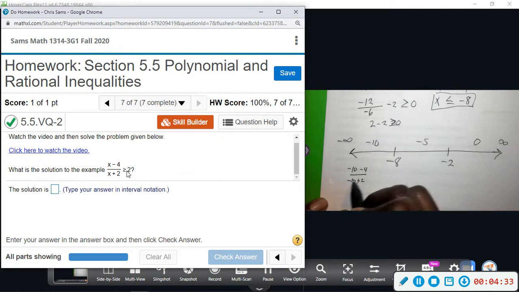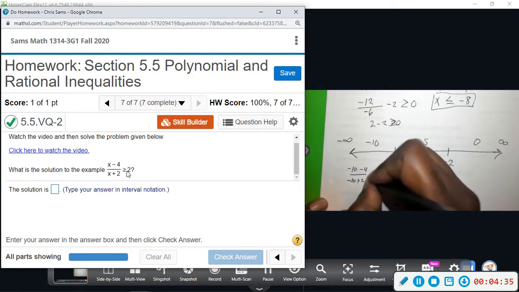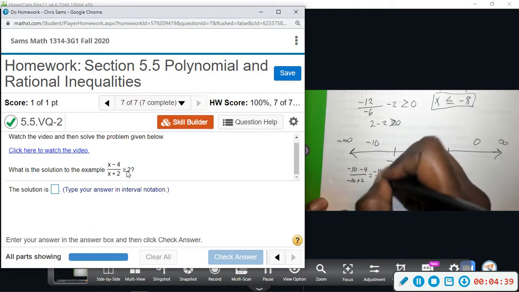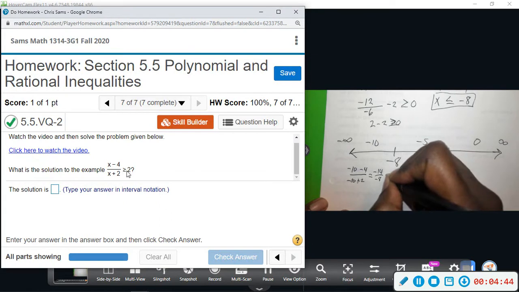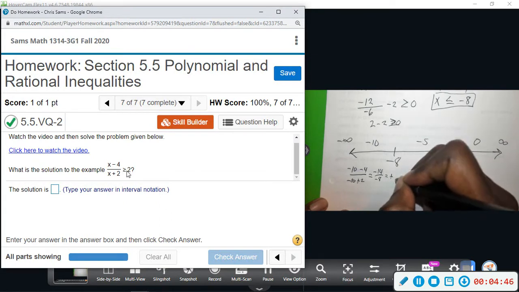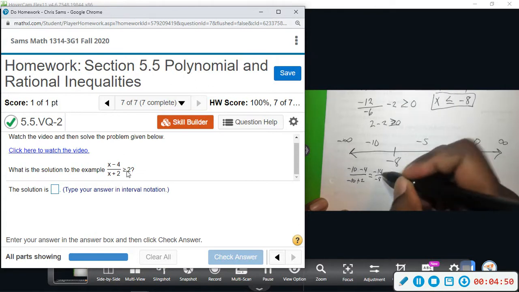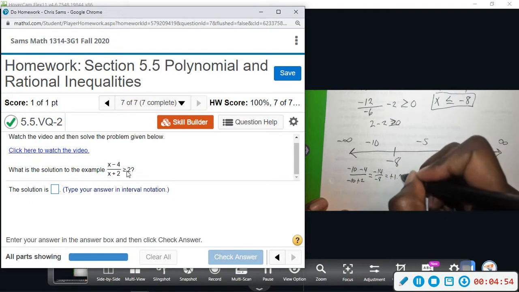That's negative 14 over negative 8, which gives me a positive 1 point something. What is that? 1.75.